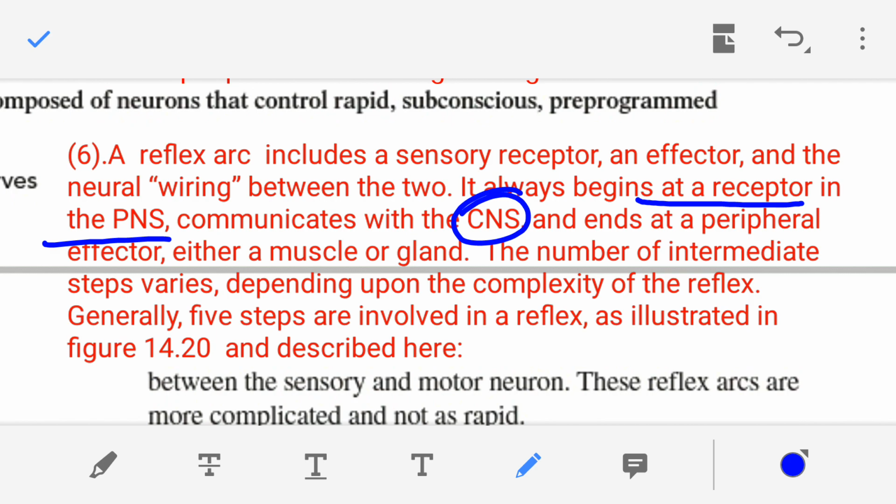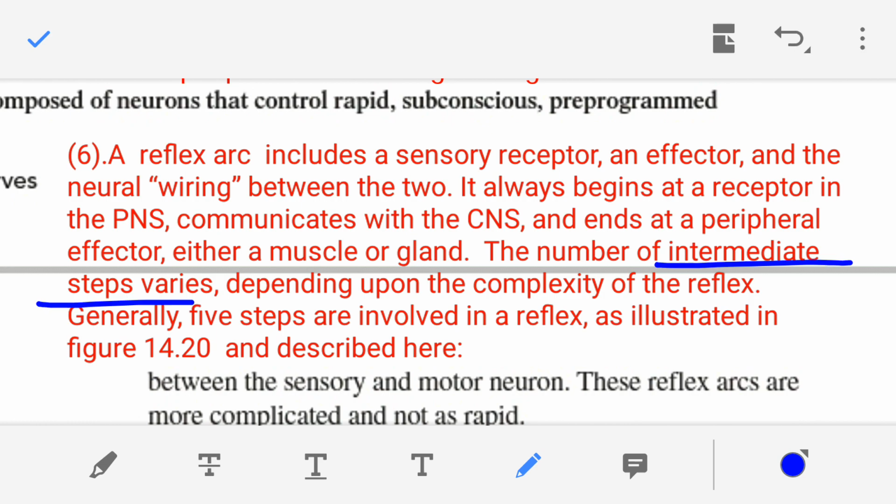And from your brain or spinal cord, once again the nerve comes out, and the motor neurons innervate the muscle or the gland.